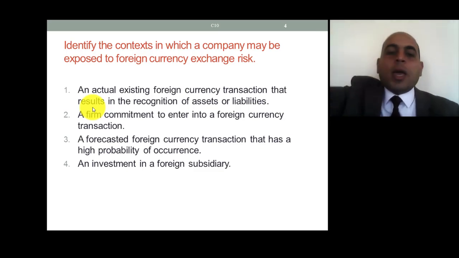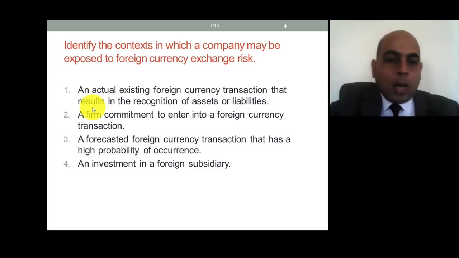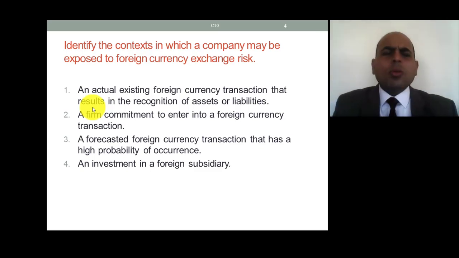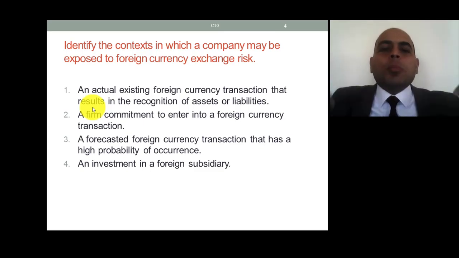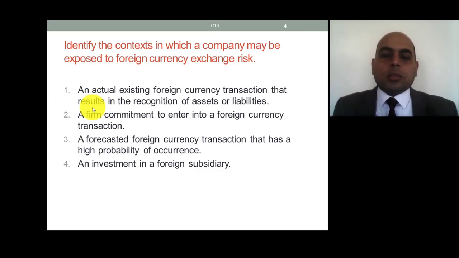We expected that we may settle an amount in foreign currency, or may receive an amount in foreign currency. Or a fourth alternative, we have an investment in a subsidiary company in foreign currency. So the question is, how can we minimize this risk? How can we minimize the exposure to exchange rate risk?